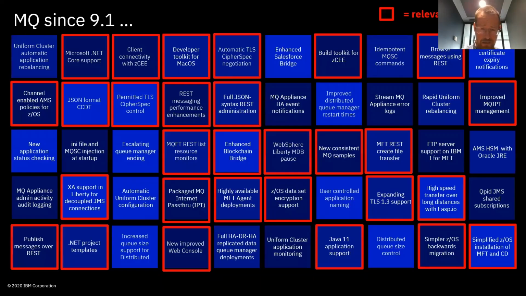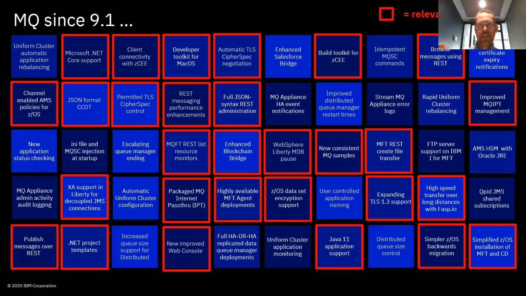So this slide is a little bit of an eye chart. I'm not expecting you to look at this in any detail, but what this shows, each box is a piece of discrete capability that we've added to MQ since the 9.1 timeframe, so in the last 3 years or so now. And the bits with the red box around them are the things that are relevant to MQ for zOS.